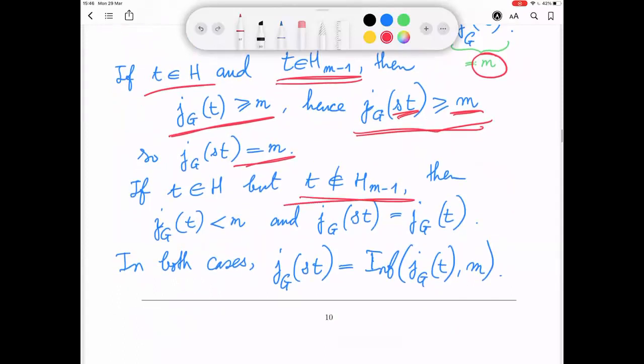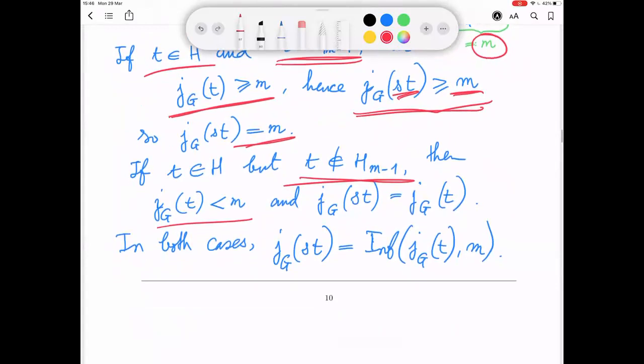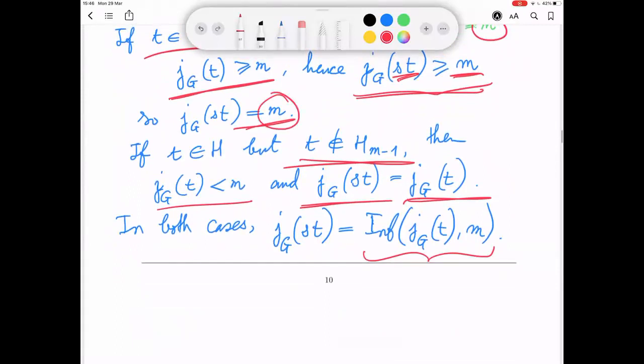If T is not in Hm minus 1, then one checks that Jg of T is strictly less than M, and therefore Jg of St is again equal to Jg of T. So in both cases, what we have is that it's either M or Jg of T, whichever is smaller. So that happens in both cases.